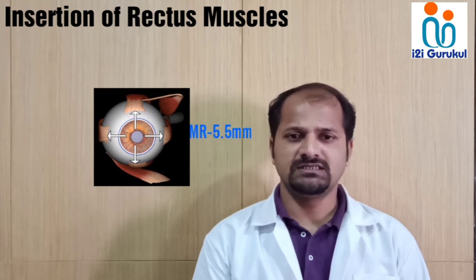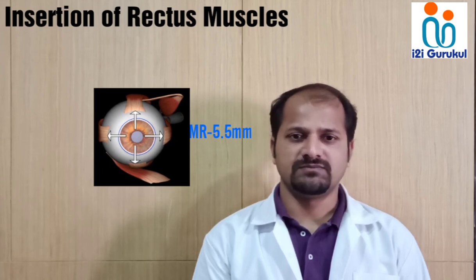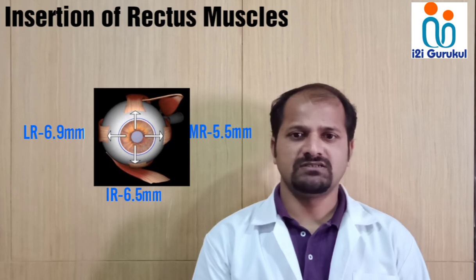The medial rectus is inserted 5.5 mm from the limbus and the lateral rectus 6.9 mm from the limbus. The inferior rectus is inserted 6.5 mm from the limbus, and the superior rectus is inserted 7.7 mm from the limbus.